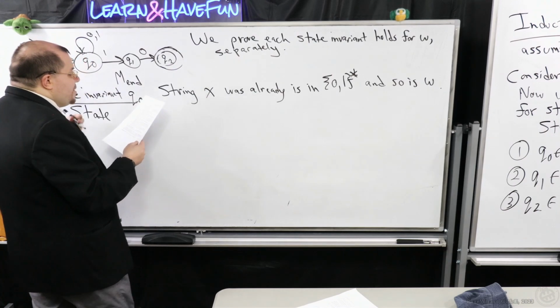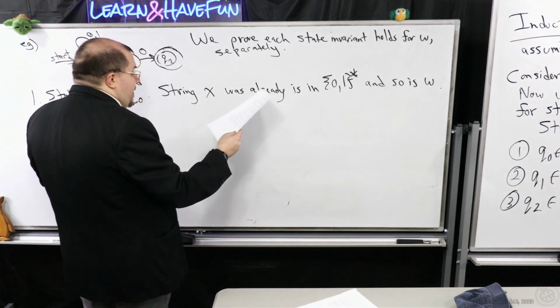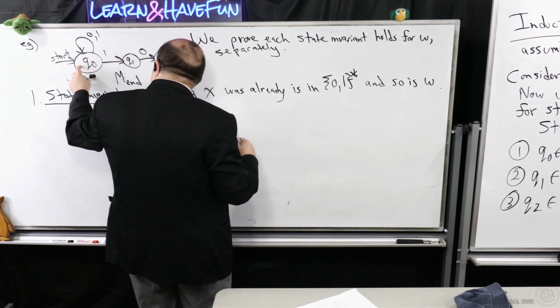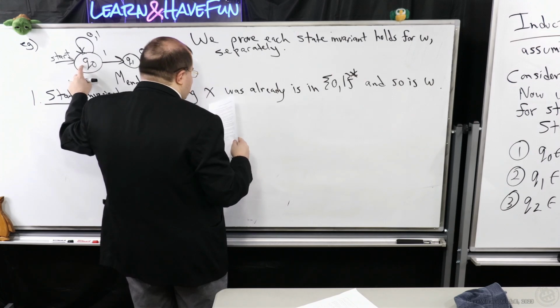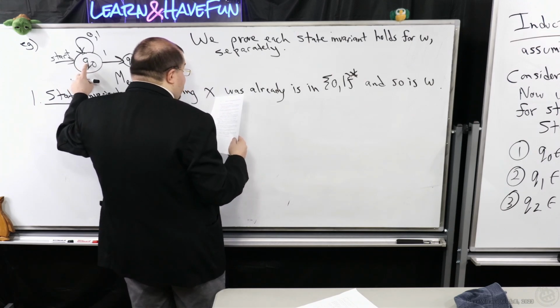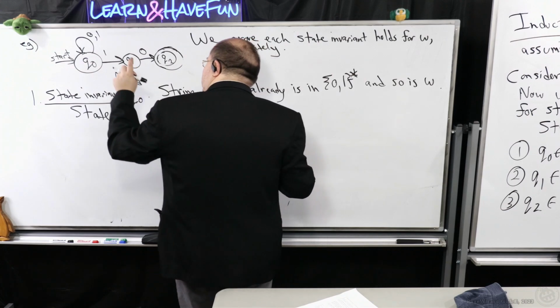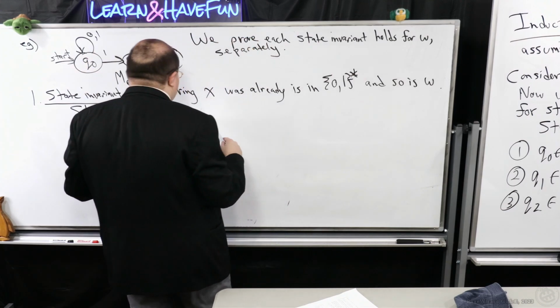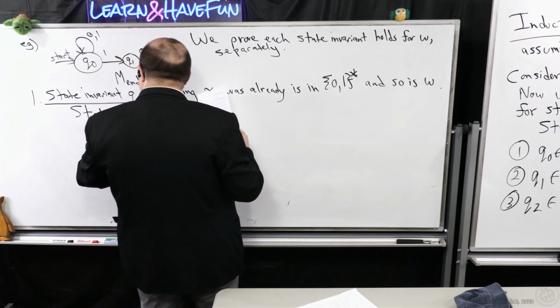Since I already know that X is a binary string, then I can say what's going on at Q0. Because X, by the first invariant, would be here, because it's a binary string, regardless of what W is.